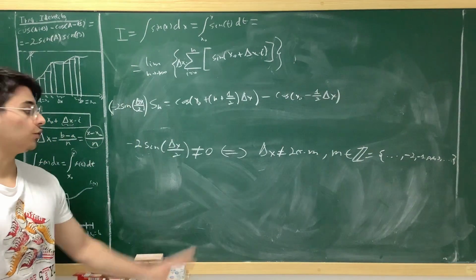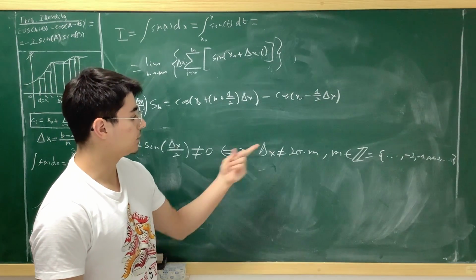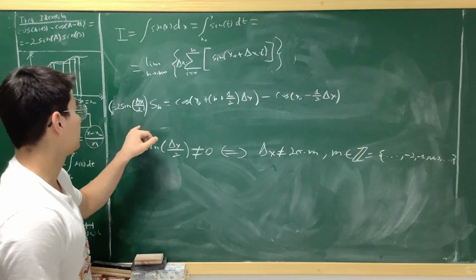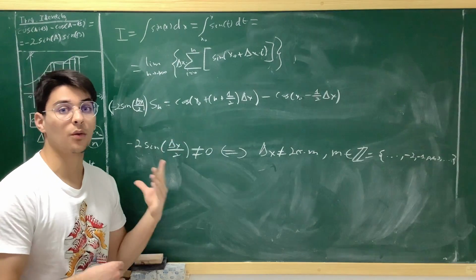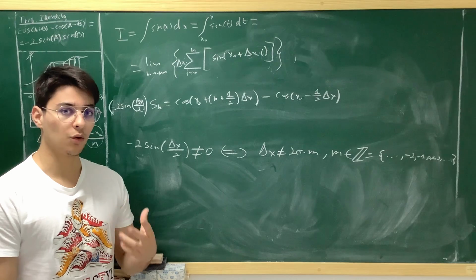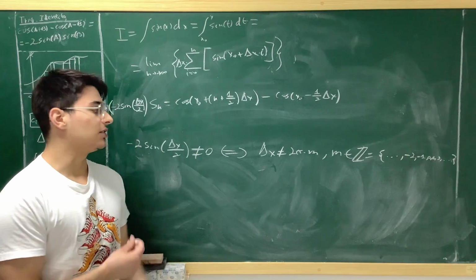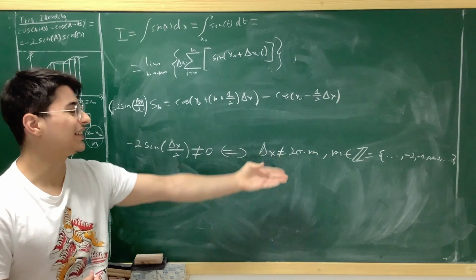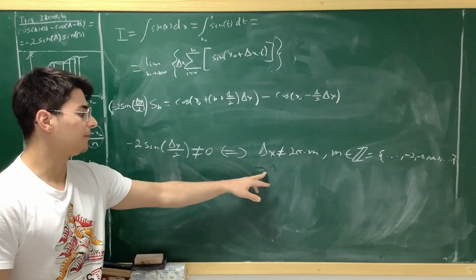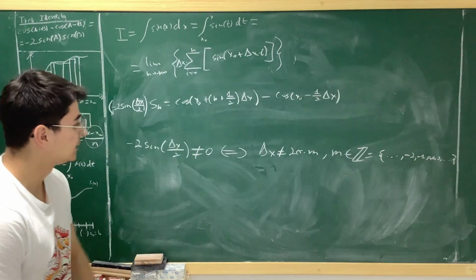I'm not going to go into too much detail about this, but it's what the algebra requires. In the previous video, the video about the integral of the cosine, you will see a little bit about the geometrical meaning of this. But it's just that choosing rectangles with this base is not too convenient for us.